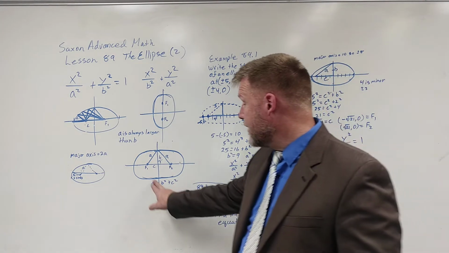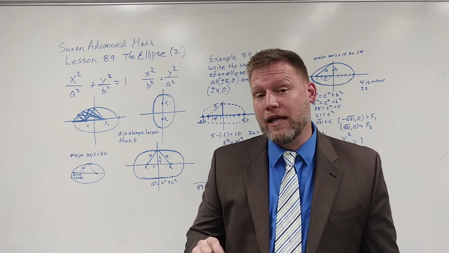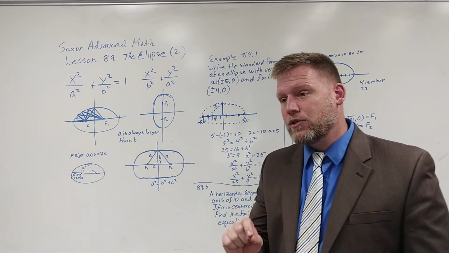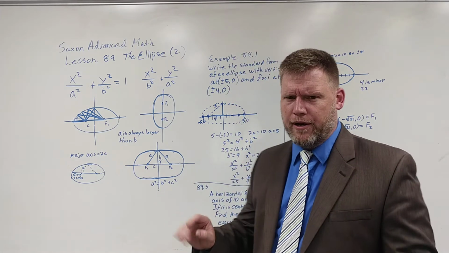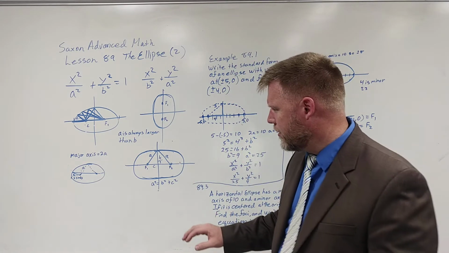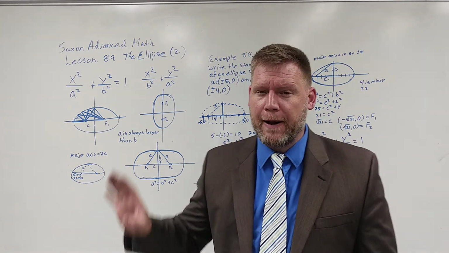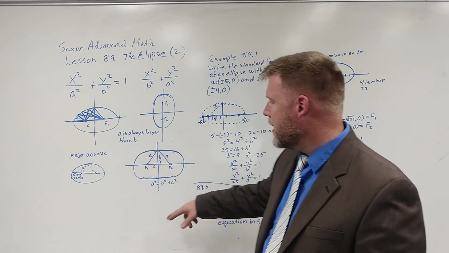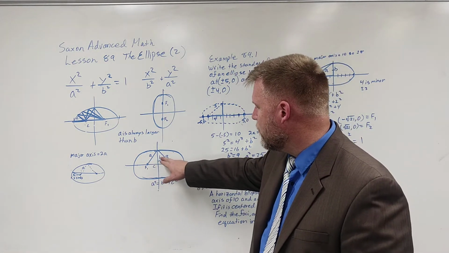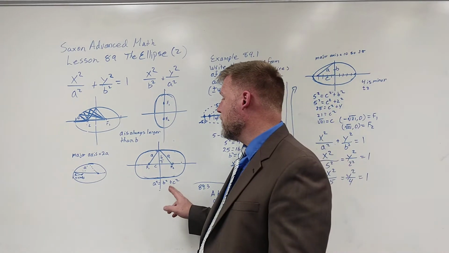Just go with the fact that the a in this case is the hypotenuse because of the ellipse, not because a squared would be a leg in a normal triangle. I know that's a little bit confusing, but that's what happens when we only have so many letters in the alphabet: we start reusing them. Here we're reusing the hypotenuse as a, so it's hypotenuse squared equals leg squared plus leg squared, and in this one it's going to be a squared equals b squared plus c squared.